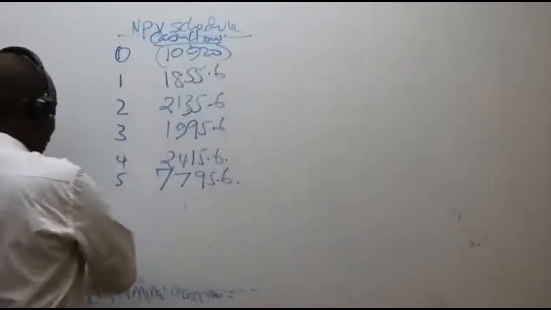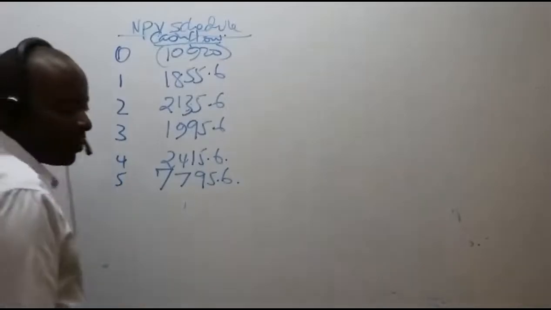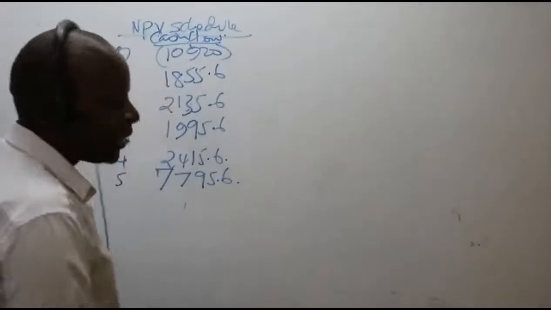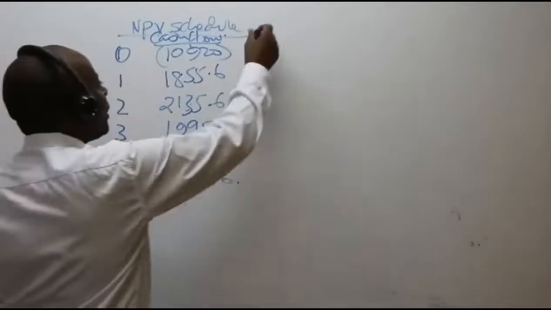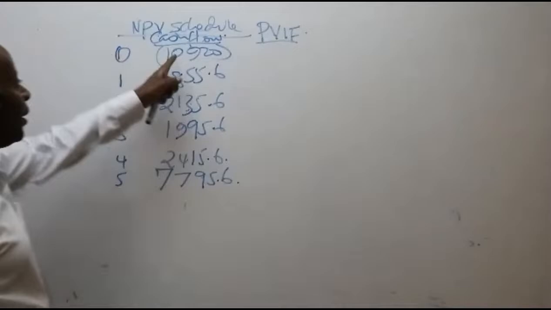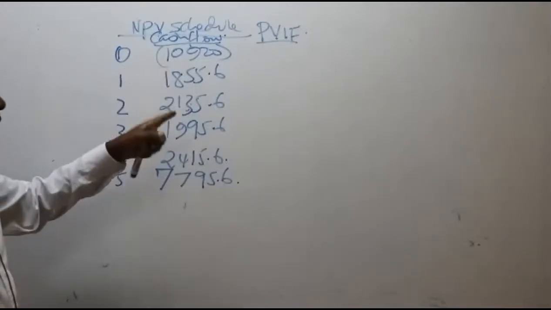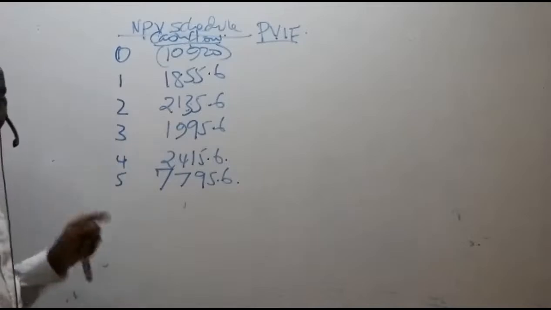Now, ladies and gentlemen, after that, what do we do? Come right away here and discount. We are discounting at the PVF, because you can see these cash flows are irregular. So we are going to use the present value interest factor, the PVF.